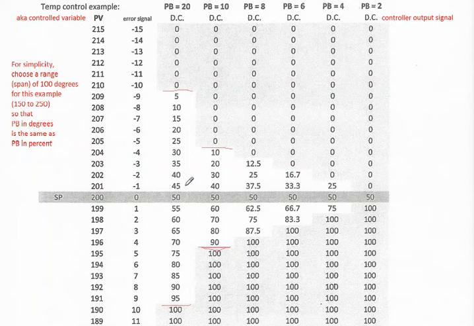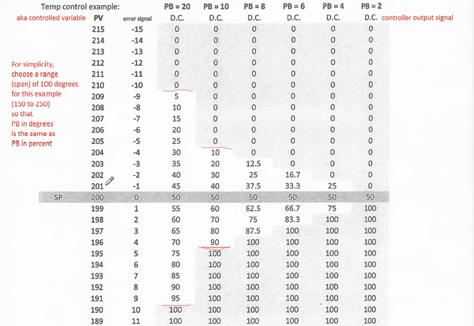Previously, with a wider proportional band, a 1 degree change in the process variable, the book calls it the controlled variable, caused a 5% change.